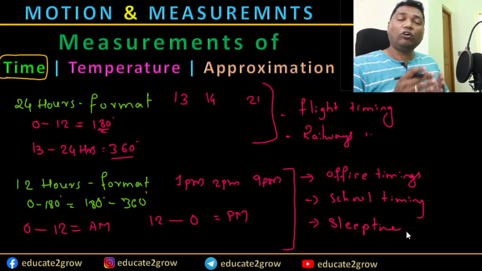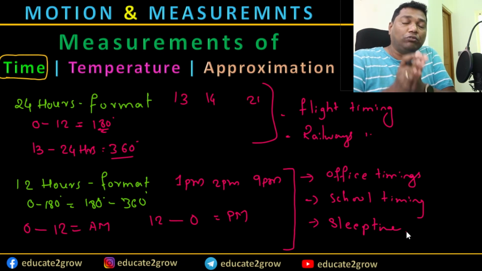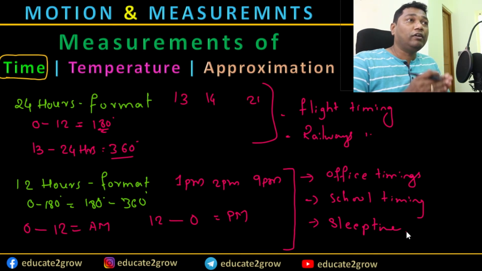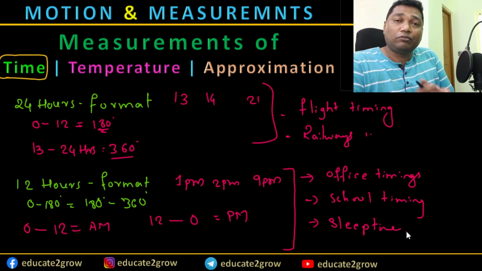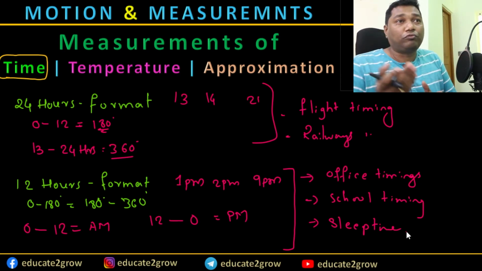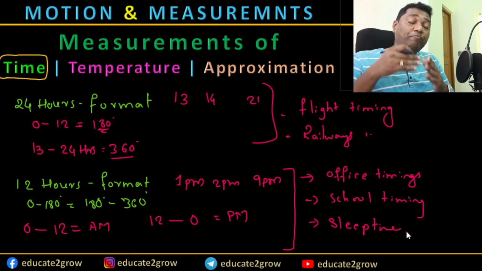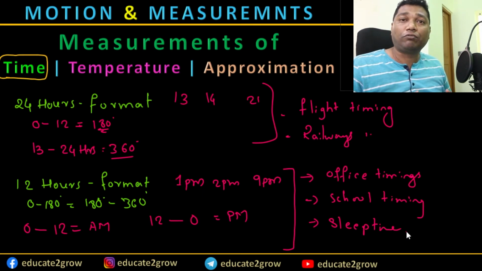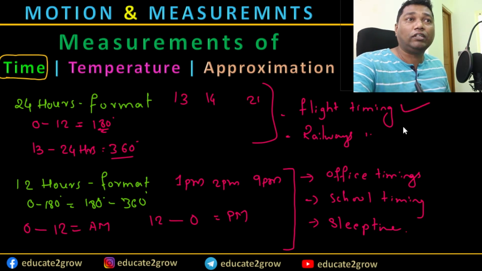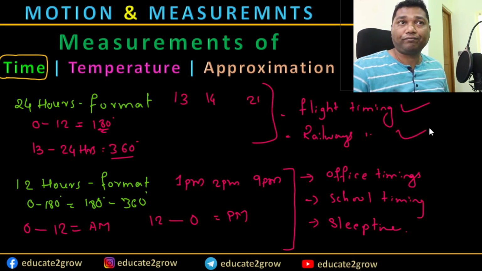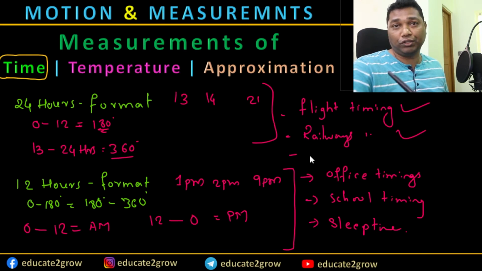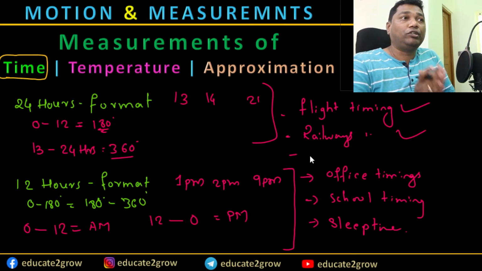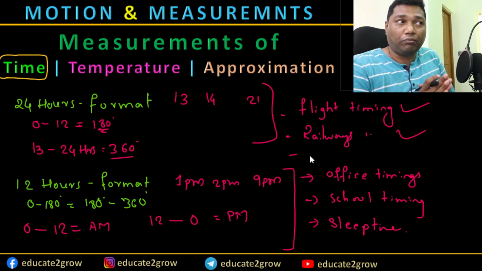All these are categorized to match the 12 hours format, and even we can use this time format for flight and railway as well, but internationally it is defined that we have to use the 24 hours format for flight and railways and any mode of transportation. Okay, that is how it is. So this is all about the 24 hours and the 12 hours format.